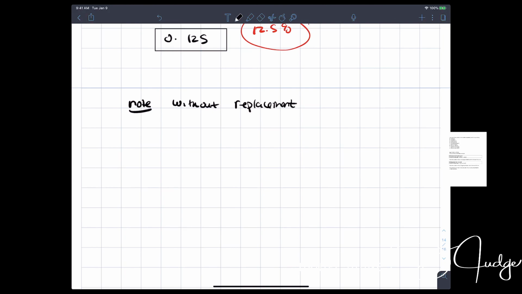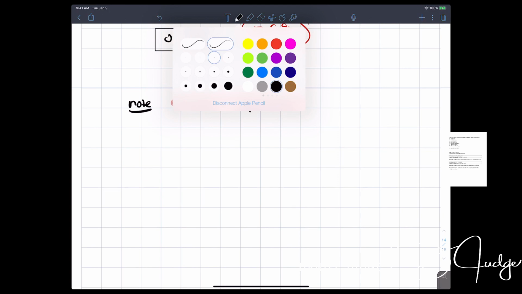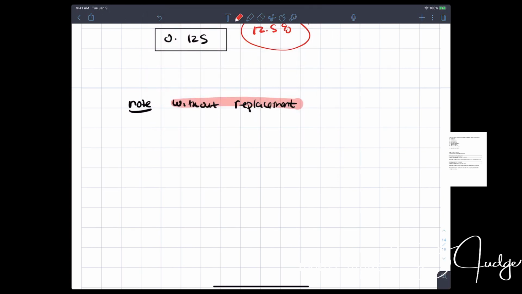Without replacement means you throw it out the window. So what do you think that's analogous to? I'll give you a hint. It's either dependent events or independent events. If we know with replacement is independent events, what do you think without replacement would be? Take a good guess.